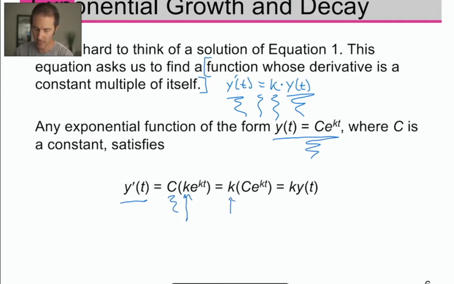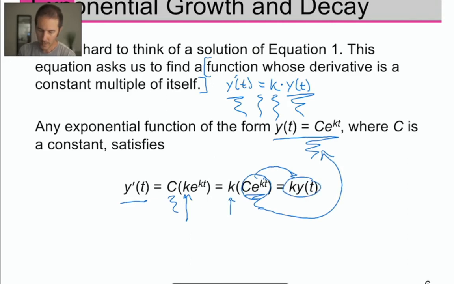Now the k is out front, but of course c times e to the kt is the original function y of t. So we replace c times e to the kt with y of t, and we have dy dt equals k times y of t. So that's about as far into the backstory as I'm going to go.